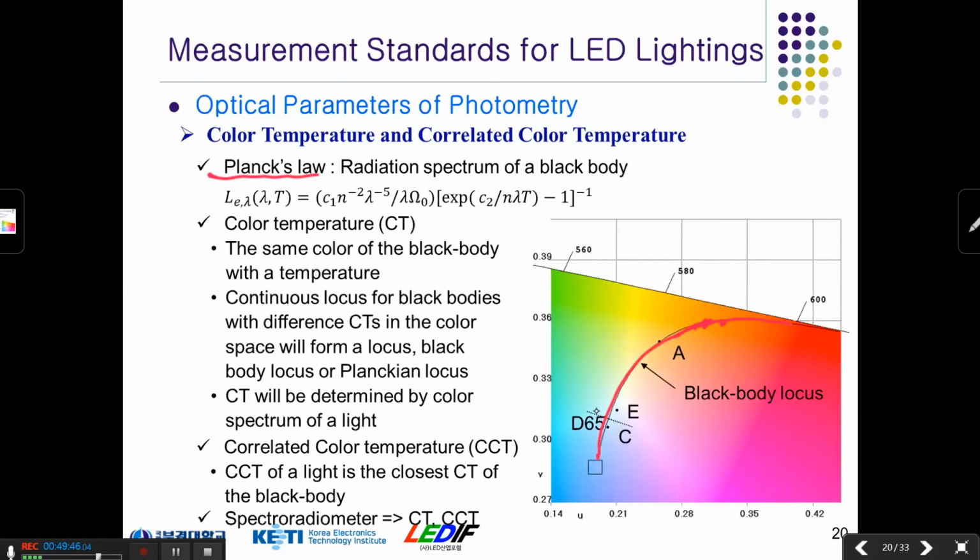That is called the blackbody locus or the Planckian locus. Color temperature will be determined by the spectrum of light on the blackbody locus. Correlated color temperature, that is CCT, is the closest color temperature of the blackbody.